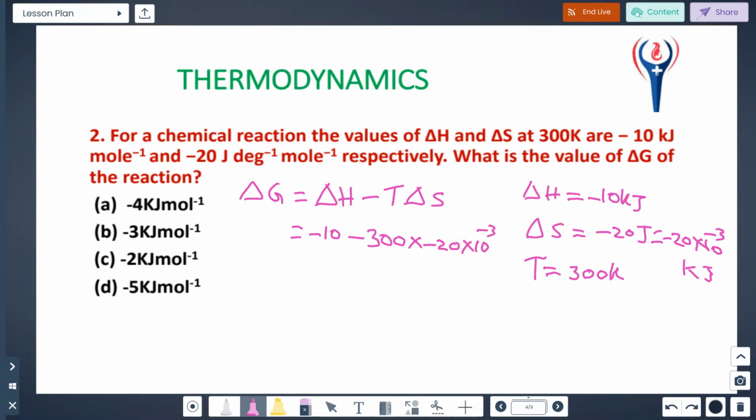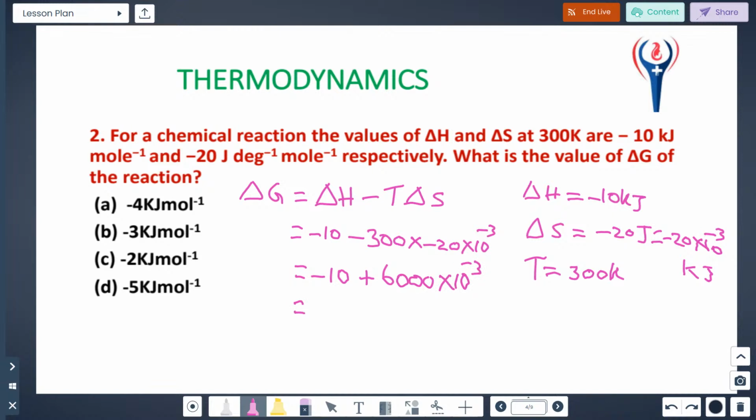So simple. Then that minus, so automatically here it will be plus. 300 into 20, we have 6000 into 10 power minus 3, understood?